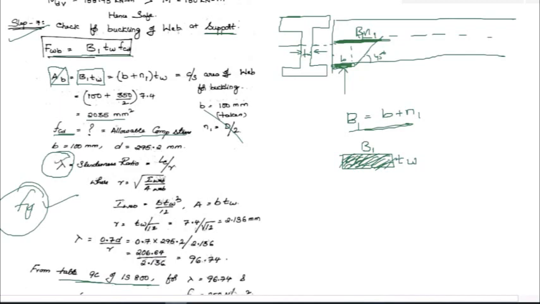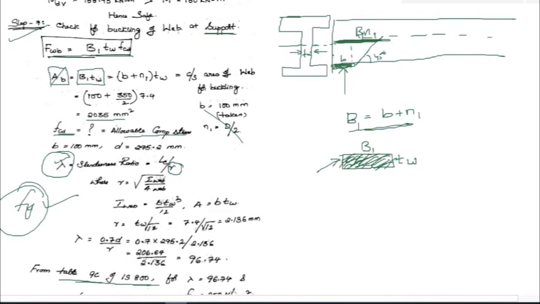And there is a chance that you can go wrong here. That is, here lambda is not for the complete I section. Okay, not for the complete I section. That is important here. You have to calculate lambda based on the radius of gyration for this particular area.